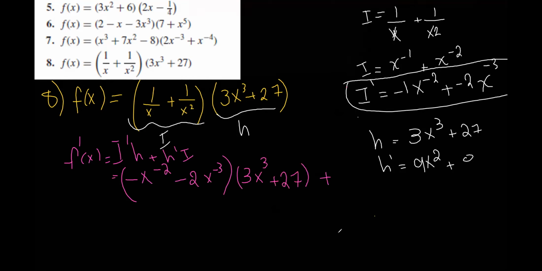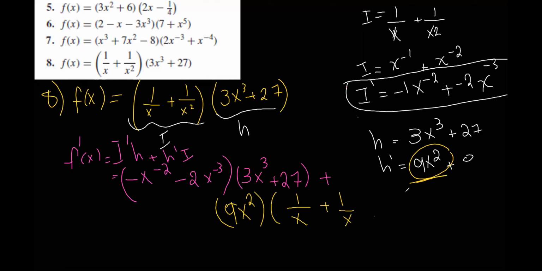Plus, where is h prime? h prime is 9x to the power of 2, times I. Where's I? Which is 1 over x, x to the power of negative 1. Okay, this one. Thank you so much, Sima.